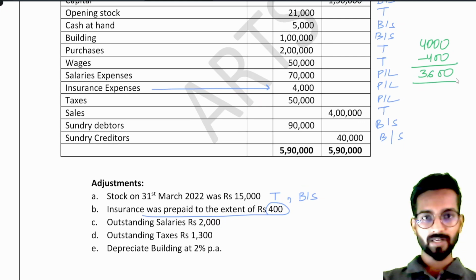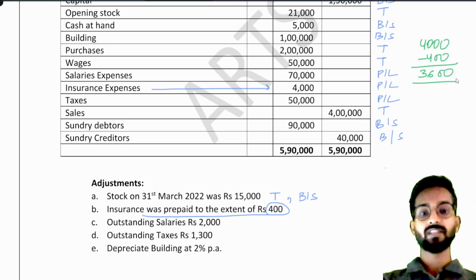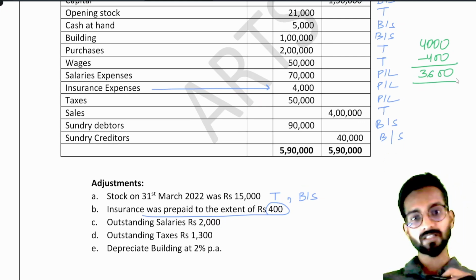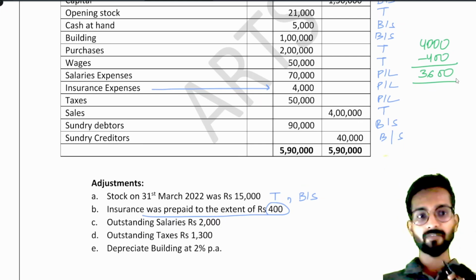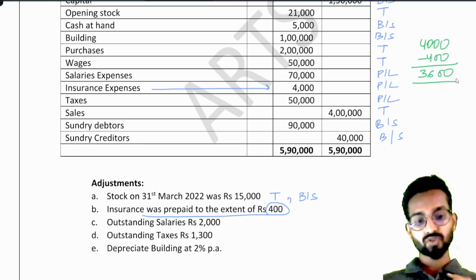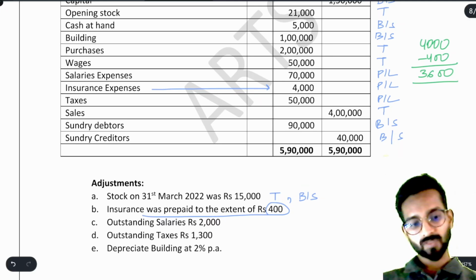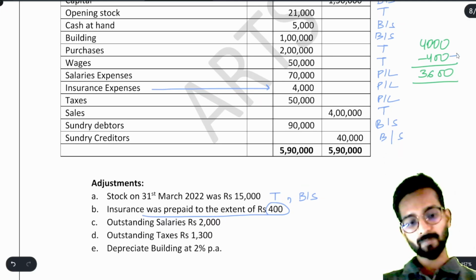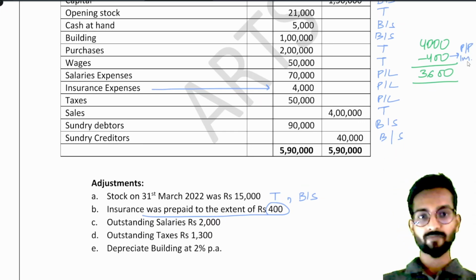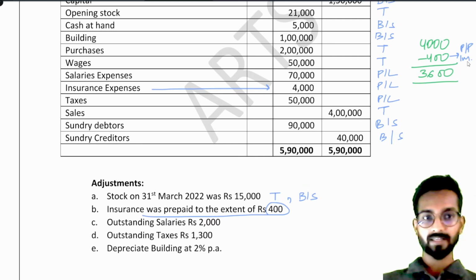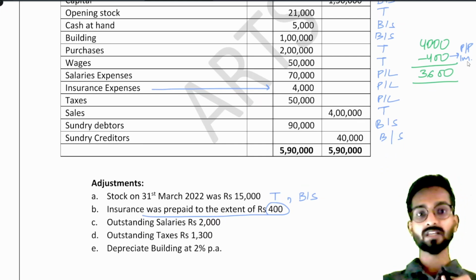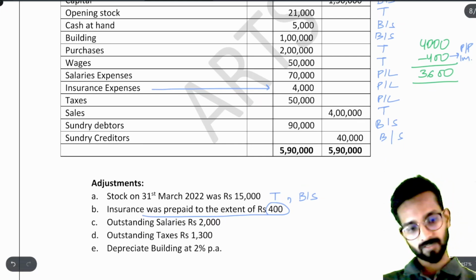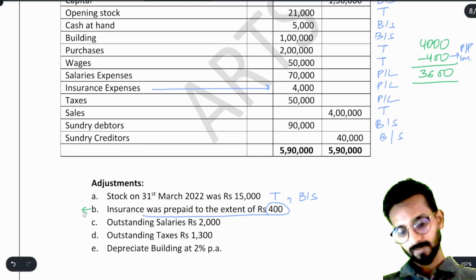Understood? We have paid insurance premium of 4,000, but they are saying 400 is related to the next year. So for the current year, how much have we paid? Only 3,600. Now focus with me. This 400 is the prepaid expense, the prepaid insurance. It means prepaid insurance of 400 will go on the asset side, and 3,600 is our original insurance expense that will go in our profit and loss account.